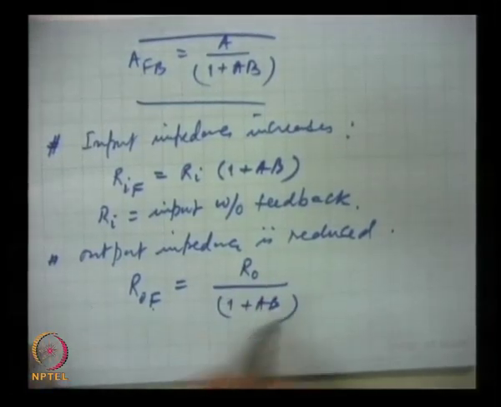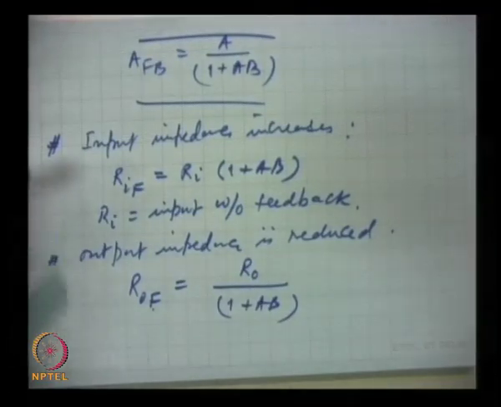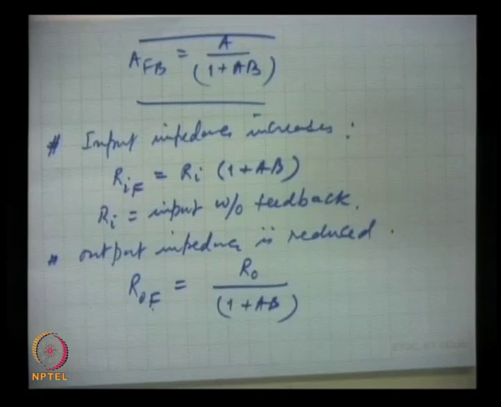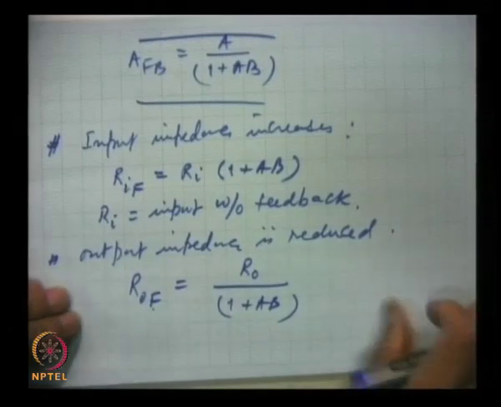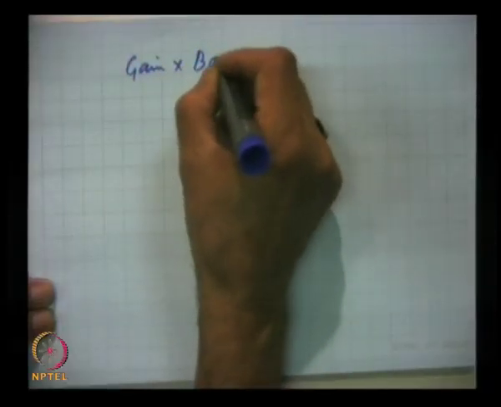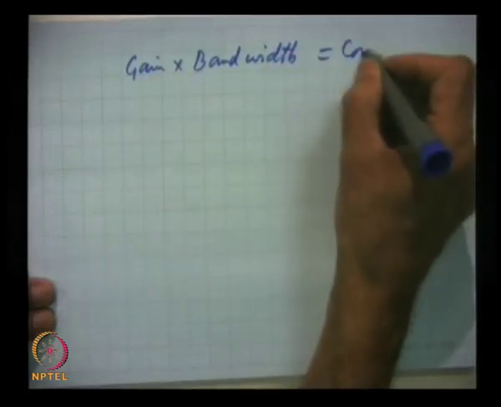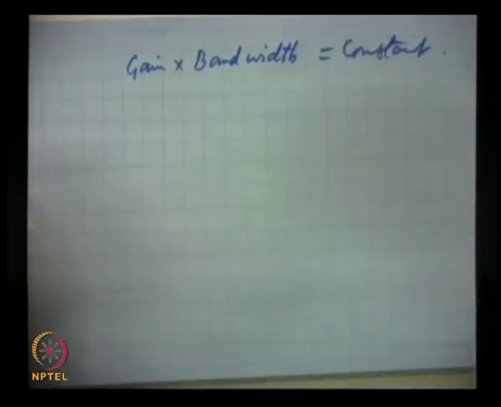A good voltage amplifier is supposed to have high input impedance and low output impedance, and bandwidth will increase, because you will recall that the gain bandwidth product is constant. Voltage gain into bandwidth product is a constant for a device.